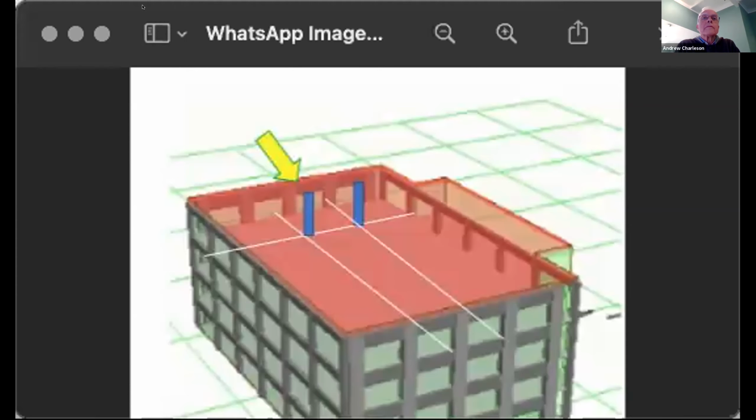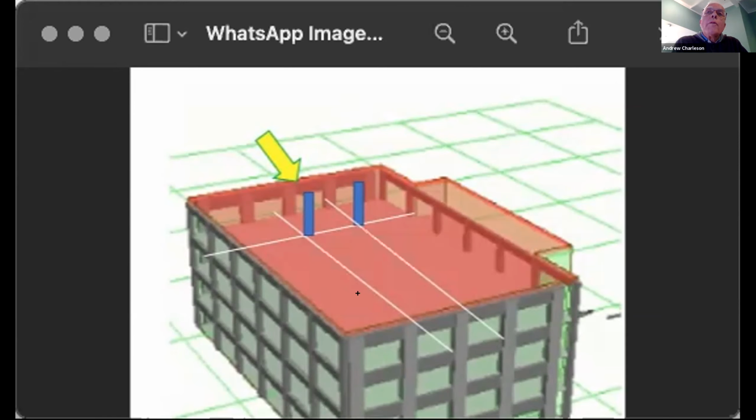I think I will ask Andrew about the question previously I mentioned. Wait a minute, I will open the image. So, this one here. Can you see the image now? I can. So the question is, if we use the shear wall on the edge side, so here and here, do we need to have a column in between like this image?